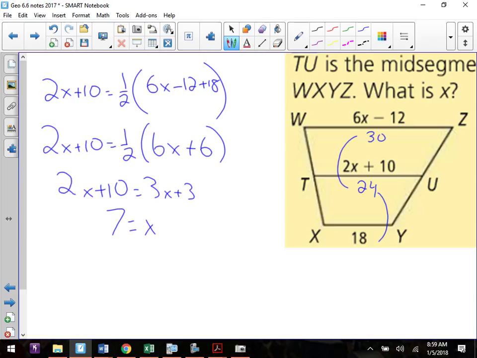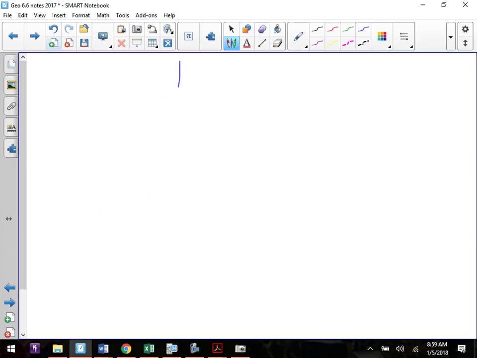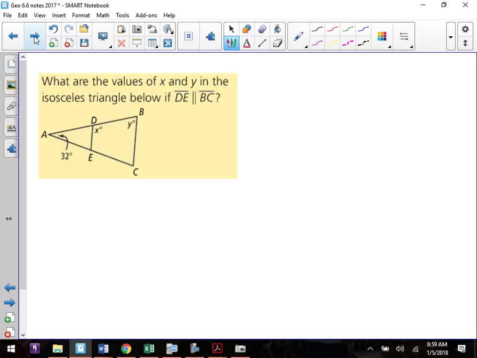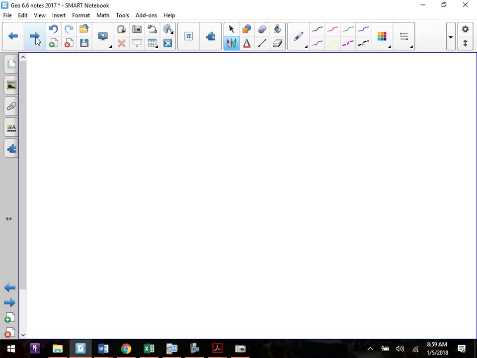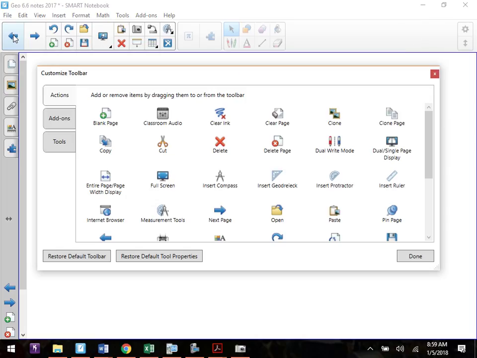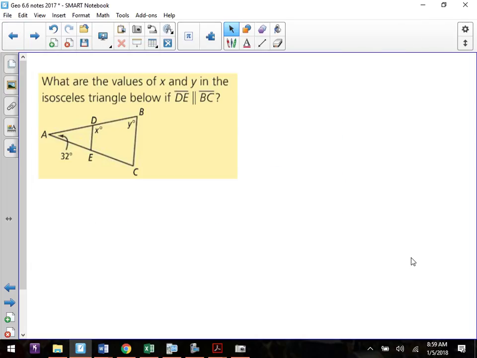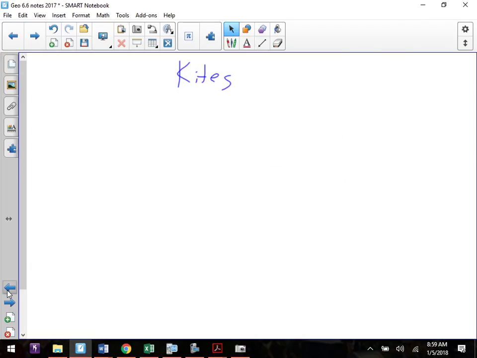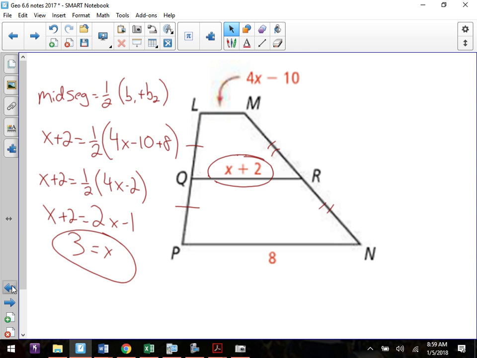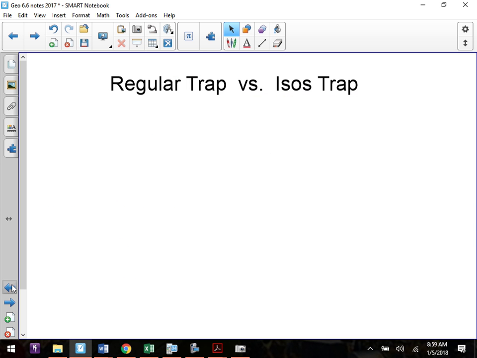Kites. Kites are a little bit different. I have never been able to draw one cleanly to save my life. Ooh. Skip it. I didn't save it.